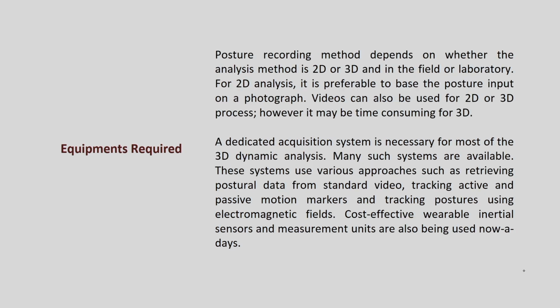So, what are the other things required? When we are talking about posture recording, that can be mainly two types, one is 2D, another is 3D. If we are talking about 2D, mainly the photographic technique will be useful. Photographing also has a specific way of clicking the photographs.